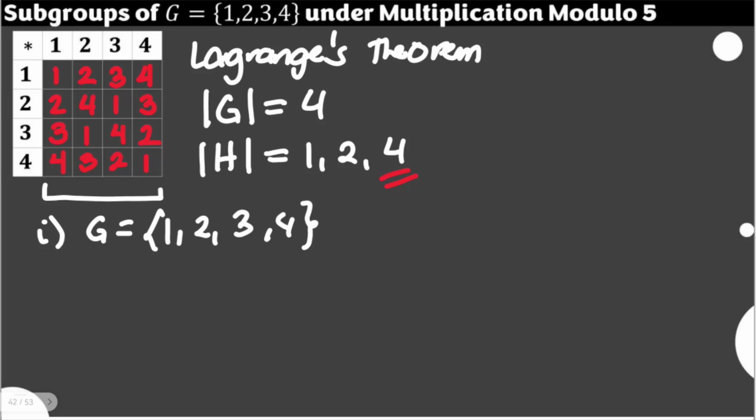Now let's talk about the subgroup of order 1. That's actually our second subgroup. It's the set containing the identity of our group G. Take note that since subgroups are subsets, they must have the same identity as our set G. Looking into our table, we can identify our identity.